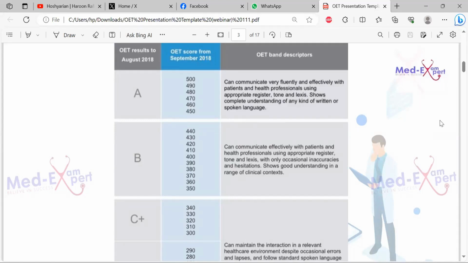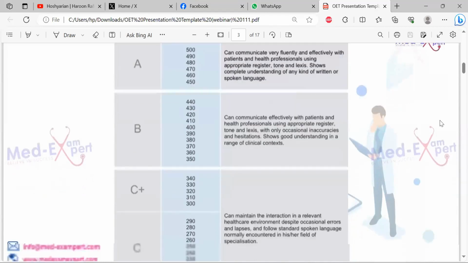So if you are anywhere between 450 and 500, then it is sure that your grade is A. There is a little description of what A graders are known for: they communicate very fluently and effectively with patients and healthcare professionals using appropriate register, tone and lexis, and show complete understanding of any kind of written or spoken English. So this is all about A grade takers, and your score will be around 450 to 500.